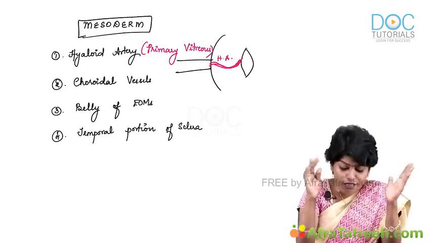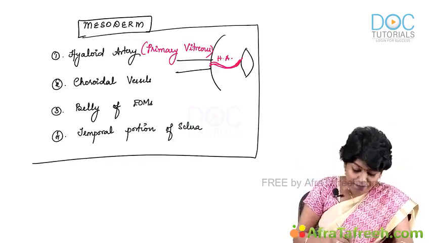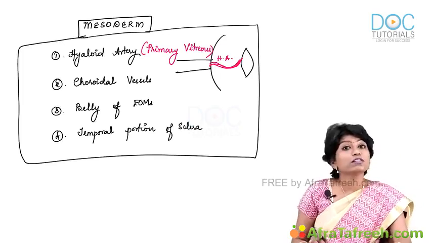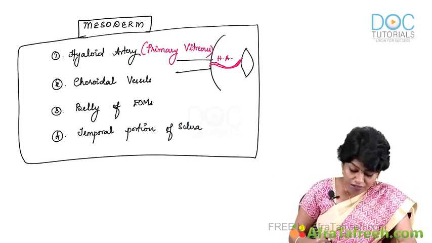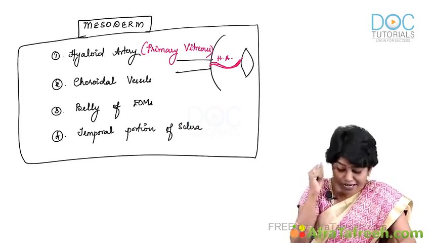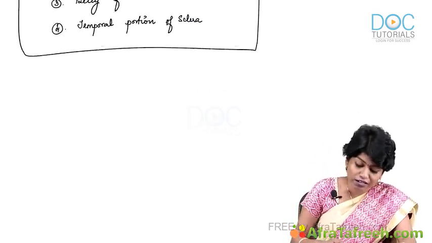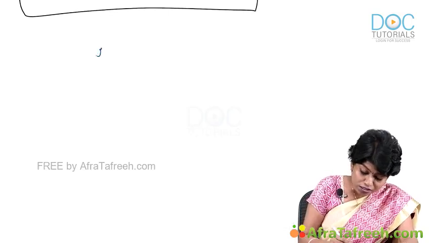So, these are the only 4 things that arise from the mesoderm. Now, what happens to this hyaloid artery? The hyaloid artery regresses at birth. So, let us learn a little bit about this hyaloid artery.